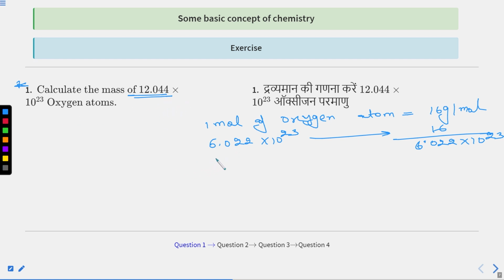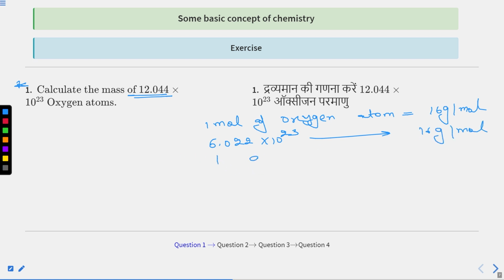So 1 mole of oxygen atoms has mass 16 gram. It means 6.022 into 10 to the power 23 oxygen atoms have mass 16 gram per mole.